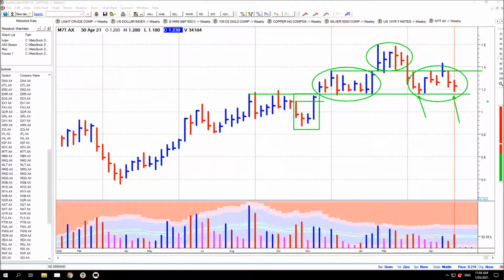I don't really go for the geometric patterns too much, but I can see what they would say, and you would need for this level to be broken for it to become a valid pattern. So where I was saying before that if price broke clearly below this level, showed an inability to recover, then the head and shoulders pattern would become valid. But that's all part of the uncertainty and waiting for something to set up.